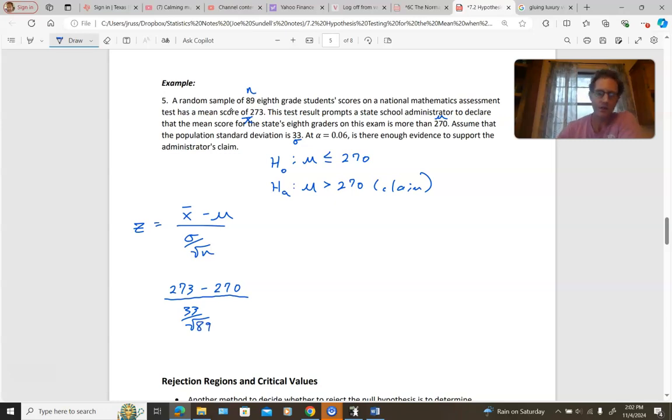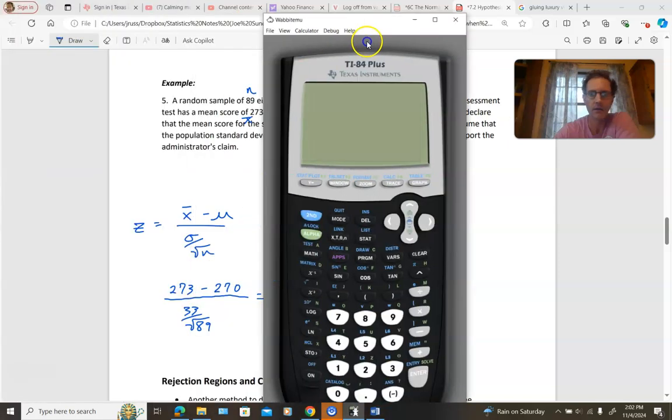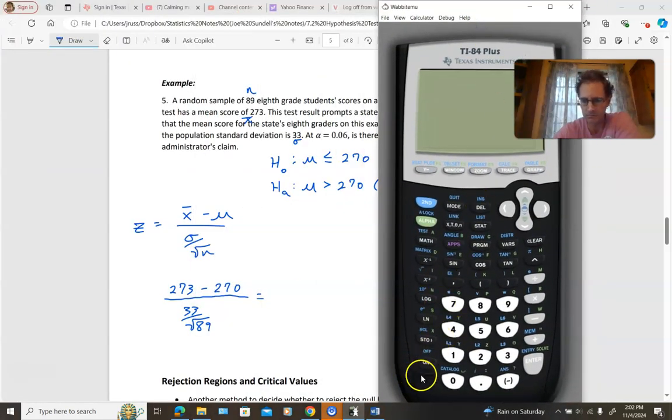So you can plug all this into your calculator. Well, I'm going to keep that numerator. 273 minus 270 is just 3. So I could just say 3 divided by, and then I'll keep my denominator in parentheses, 33 over the square root of 89.